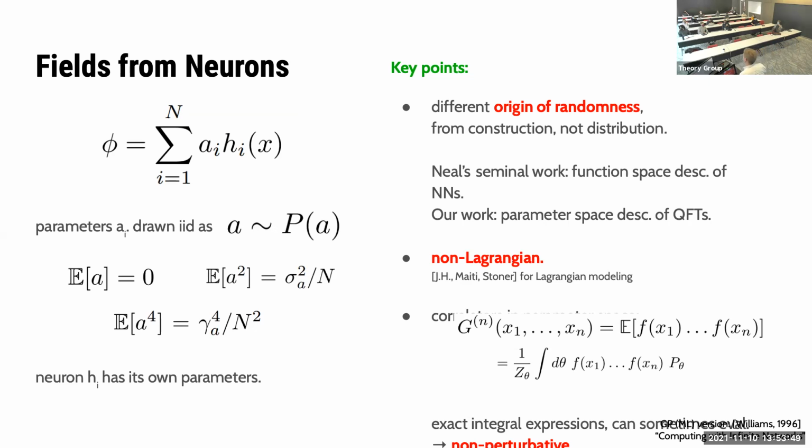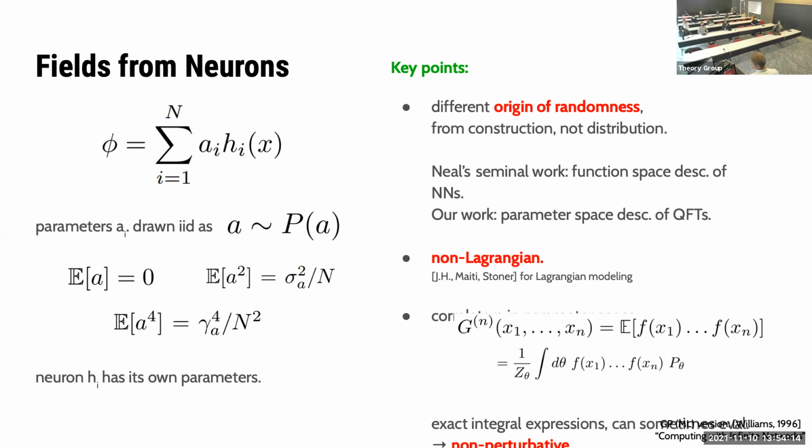Is there any notion of training? I'm not going to train in this talk, but I'm happy to comment on it. At initialization, indeed, it's random. But if you'd like, even after training, you can think of your trained neural networks as drawn from some trained distribution. And in many cases, in two very well-known cases, that distribution itself is close to Gaussian.